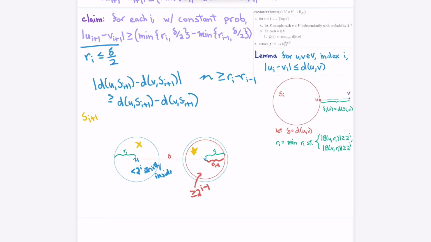So let's just look at each of these terms. What do I know about this in this scenario? It's at least Ri because I know it's not in this ball. There's no points in the ball. And then what about V?